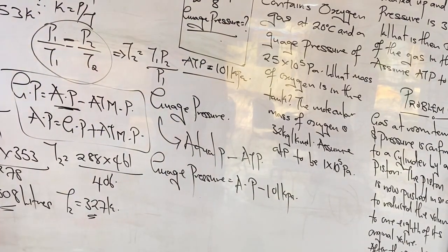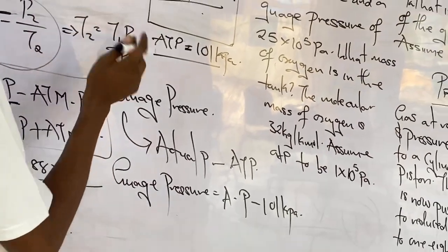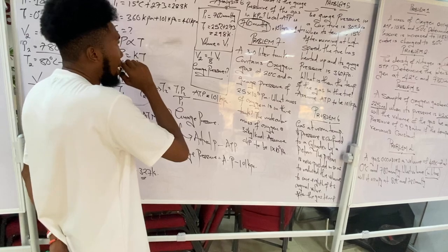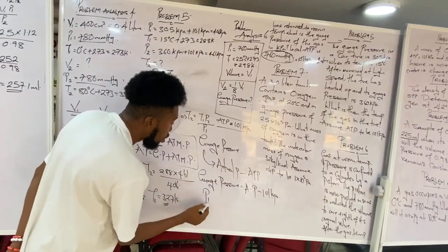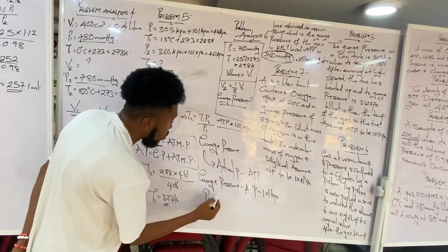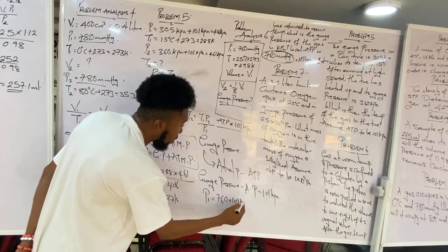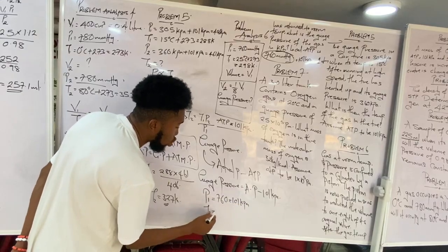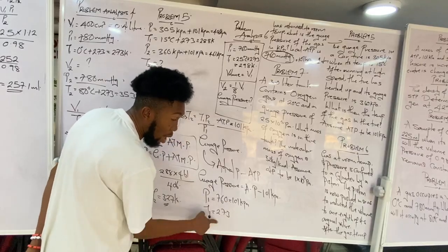Now if you check, normally when P1 is 760 or 101 kilopascal, our T1 is supposed to be its normal 273. That's standard temperature and pressure, right?